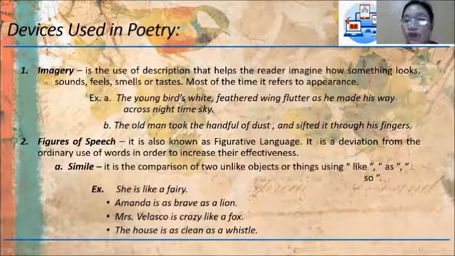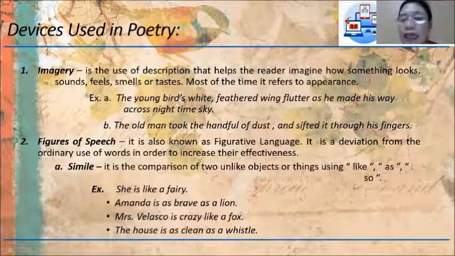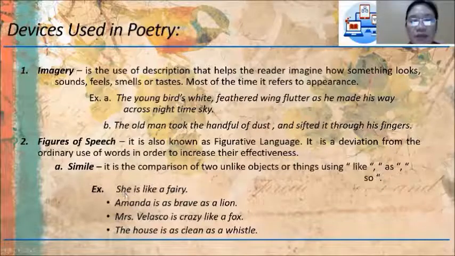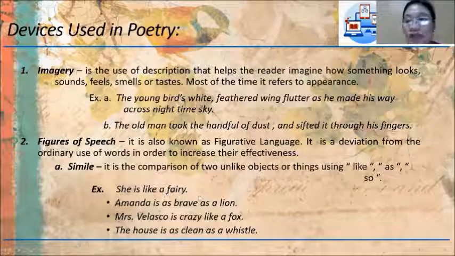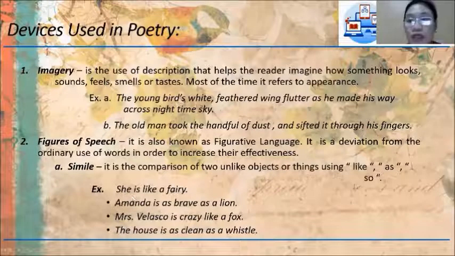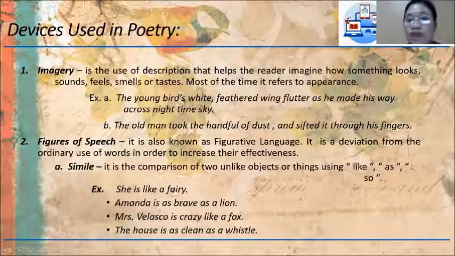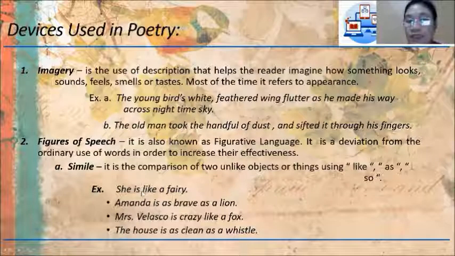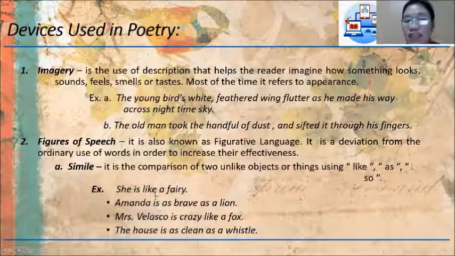I know you are familiar with simile. It is the comparison of two unlike objects or things using like, as, and so. Example, she is like a fairy. In this example, the beauty of a girl is being compared to the beauty of a fairy, making use of like. That makes it a simile. She is like a fairy.